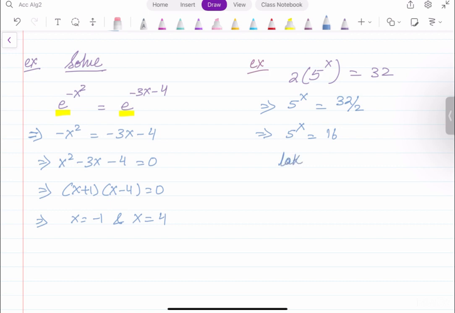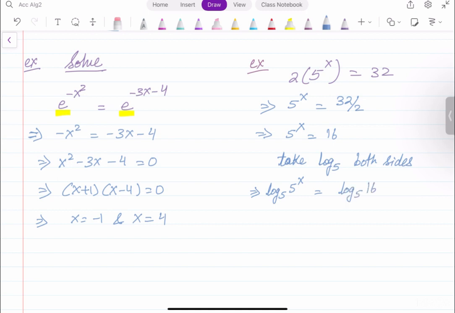I can take log on both sides because I need to bring x down. So if I take log with base 5 on both sides, we have log base 5 of 5 to the power of x is equal to log base 5 of 16.